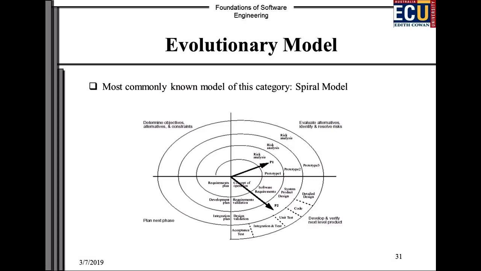But at each cycle there's a risk analysis. And the role of the spiral model is basically, if the risk analysis says it's going to be too risky, you stop. So the spiral model is really for projects where you have to keep an eye on the risk, and if it becomes unacceptable, well, you don't do that product, basically.